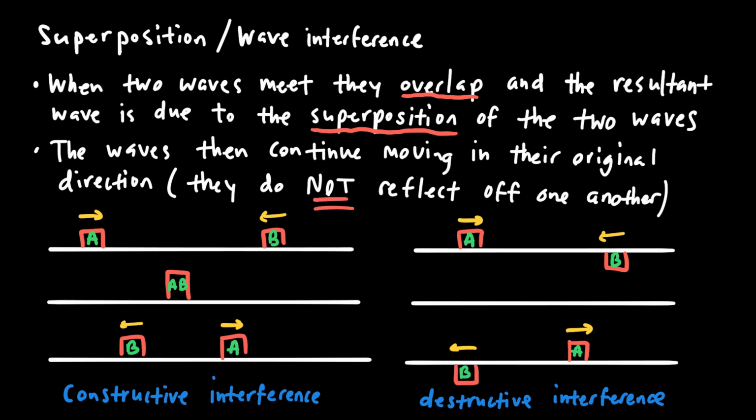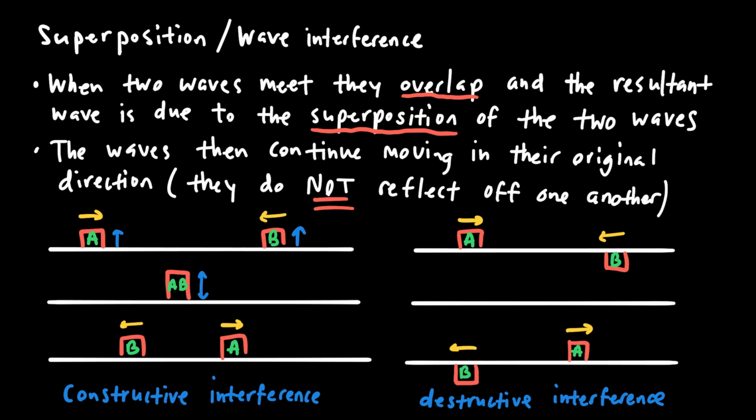And so let's look at a couple of examples. Down on the left, I have these two square wave pulses that when they move toward one another, they combine and form a wave pulse that has a bigger amplitude. And the reason why they form a wave pulse with a bigger amplitude is because initially both of their amplitudes were in the positive or upwards direction.